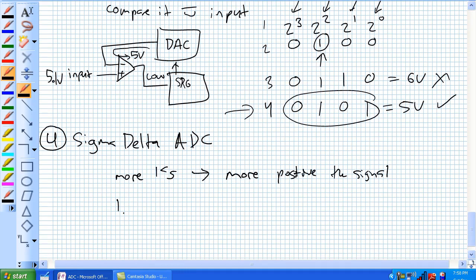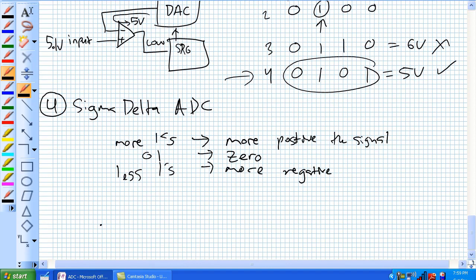Less ones, more negative the value might be. If it's even, zeros and ones, it's got a 0 value. So if you're just sitting at 0, 1, 0, 1, 0, 1, let's just draw that. So 0, 1, 0, 1, 0, 1, 1, 1, 1, 1, 1, 1, 1.